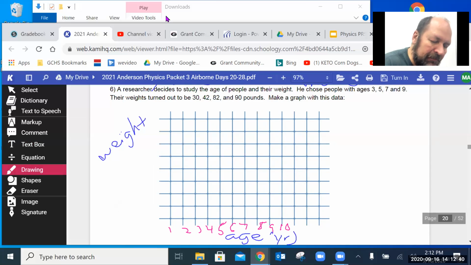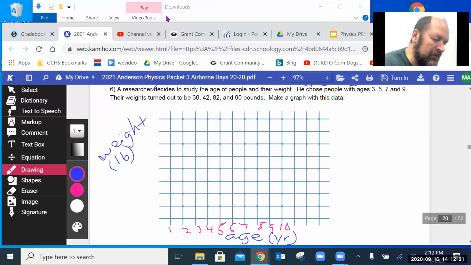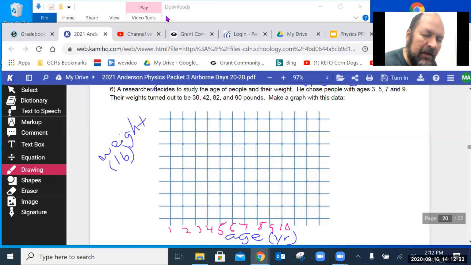This is not measured in months or days, but these numbers represent years. The weight is going to be measured in pounds, and we'll put in the numbers for that. See, we have up to 90. So if I go by tens, I should be able to cover everything in this graph.